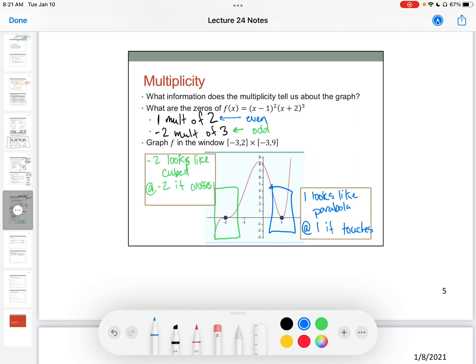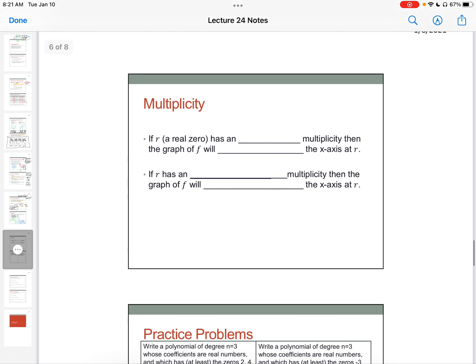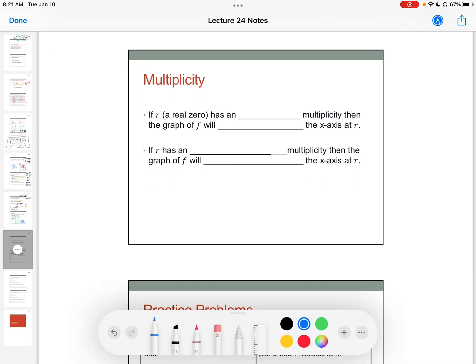To summarize this into a general rule: if r, remember r is a 0, has an even multiplicity, then the graph of f will touch the x-axis at r. Versus if r has an odd multiplicity, the graph of f will cross the x-axis at r.